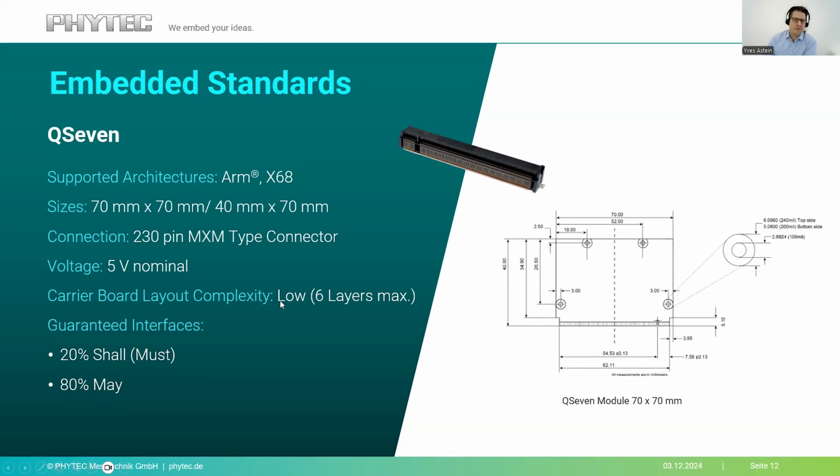And we have low complexity for the carrier board design. So you would be fine using 6 layers as a maximum. You probably don't need more to route out all signals. Guaranteed interfaces is 20% must have and 80% optional.